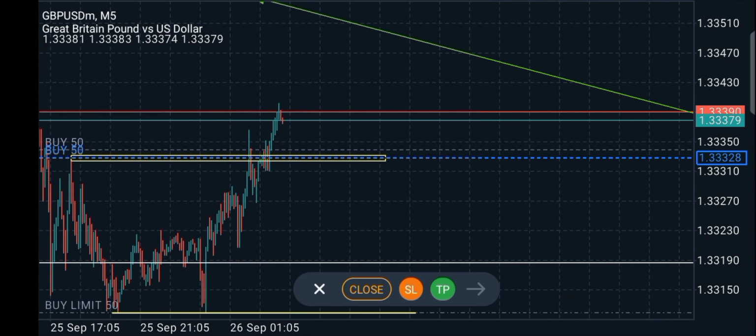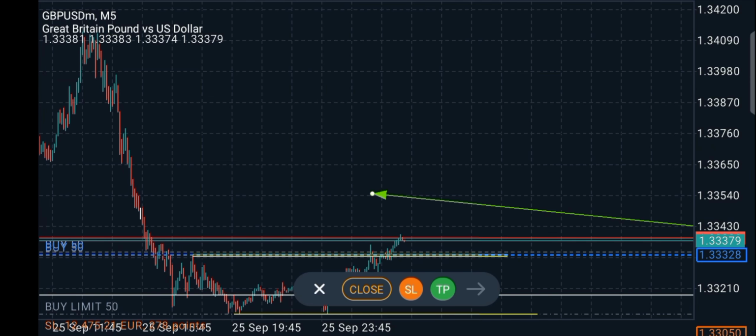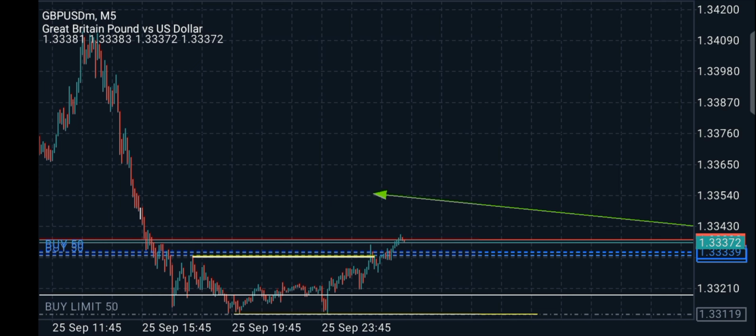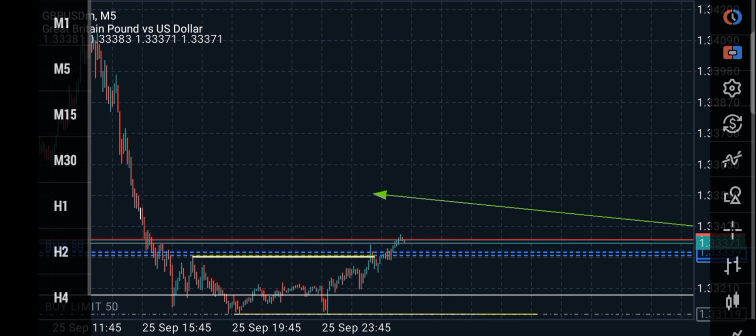This is now telling us that we finally turned to the bullish side of the market. So I'm expecting price to continue bullish from here. Let me show you on a clearer view where I did the analysis.